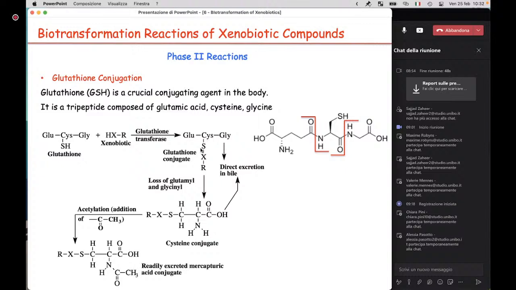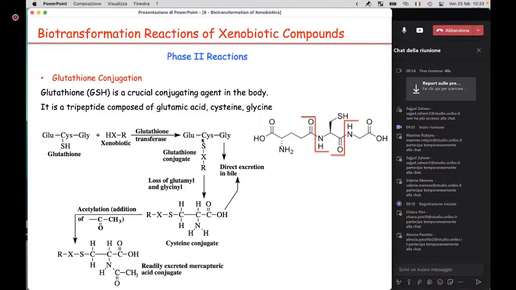And after the conjugate formation, we usually have the loss of glutamic acid and of glycine to produce a simple cysteine conjugate, which is in turn quite hydrophilic, because we only have the amino acid part of the glutathione molecule, so an acid and an amine, both hydrophilic.